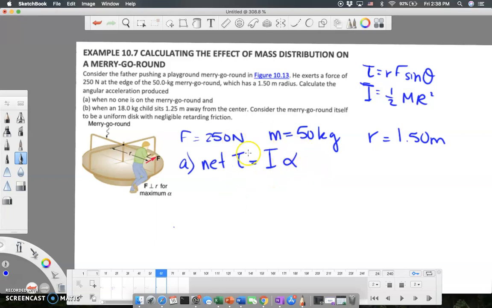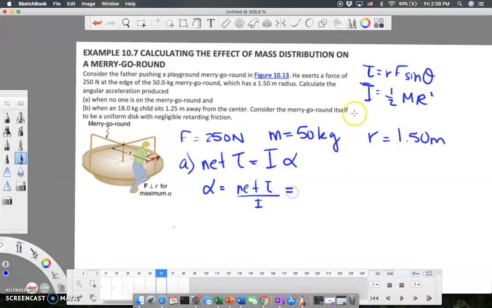So we can use this information and a couple of other equations to find our alpha. Let's solve for it here. We have net torque over our inertia. Remember that torque equals our radius times our force times sine of the angle between these two, which in this case is 90, so sine theta is just 1.